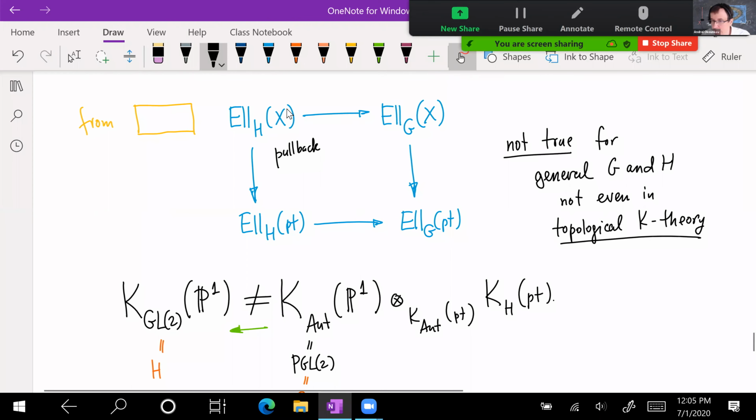We've proved it for, this is really a pullback. So with current technology, we can prove it for when G mod H is one of these forms. It could be projective space or Grassmannian. It's also okay.